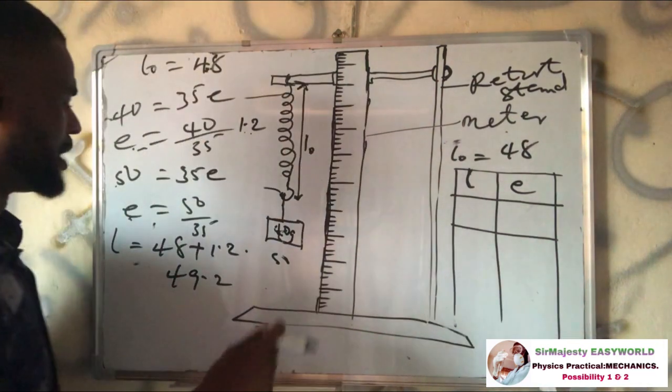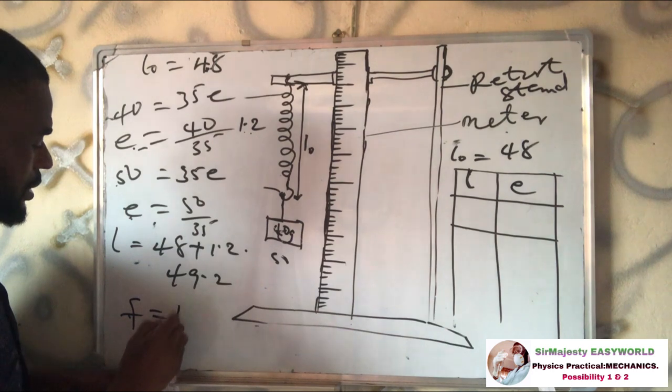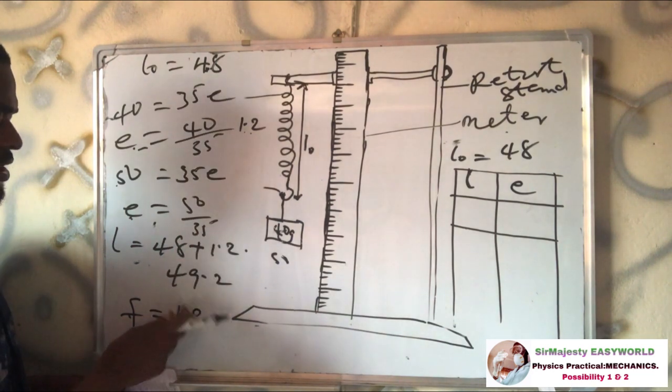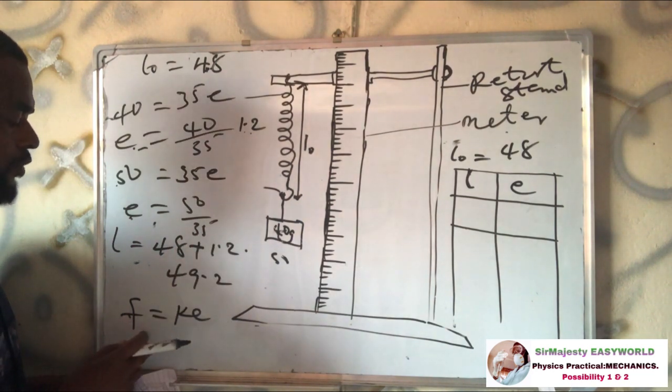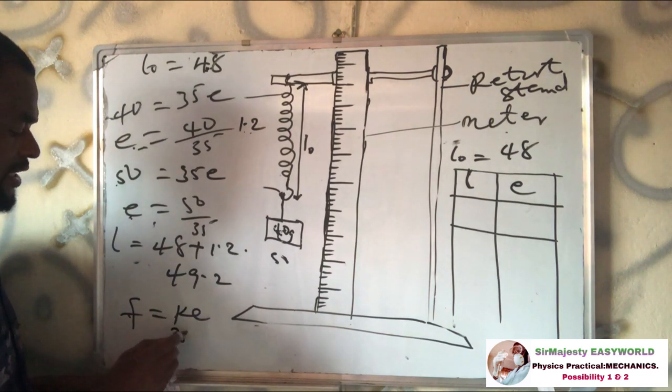I will make use of my formula, that F is equal to KE, where E is extension. I said this constant is always 35. You understand? I take it as 35.